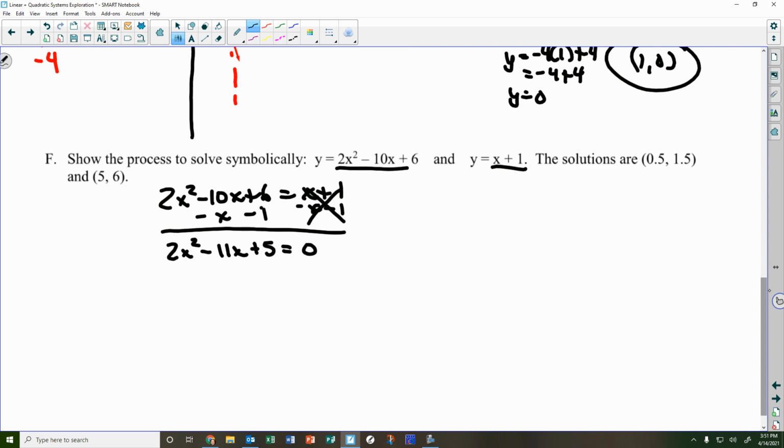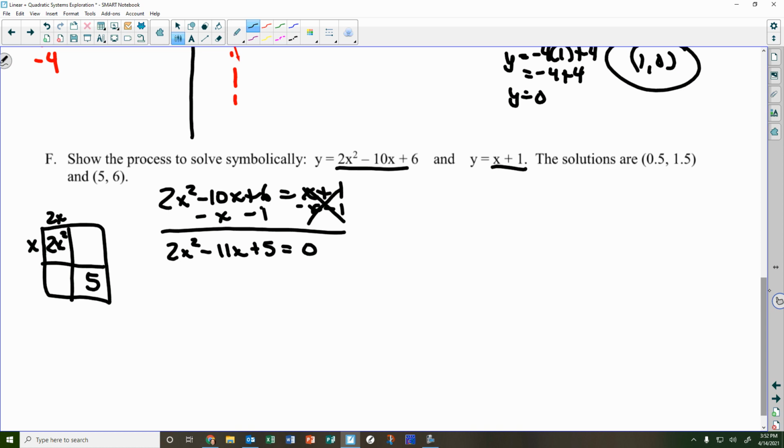Okay, so now I got to put my thinking cap on how we can factor this. Well, think about it from a little while back. We could use an area model, right? If I know this is 2x squared and this is 5, but when I add the two diagonals together, it has to be negative 11, right? So I know that x and 2x gives me 2x squared.